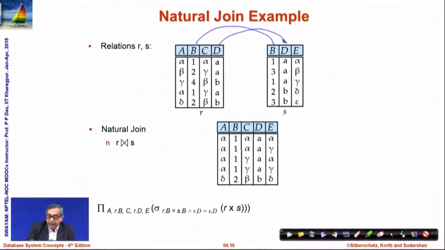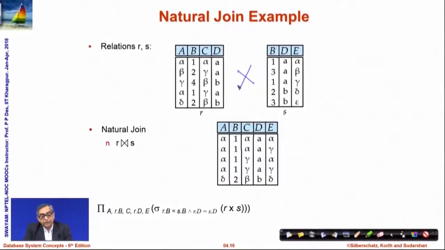It tries to make a Cartesian product of these two tables first, take all possible combinations, but then you select only those rows where the values are identical between columns having the same name.